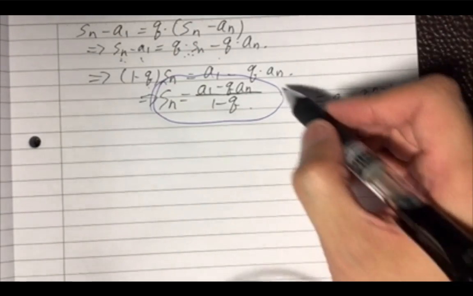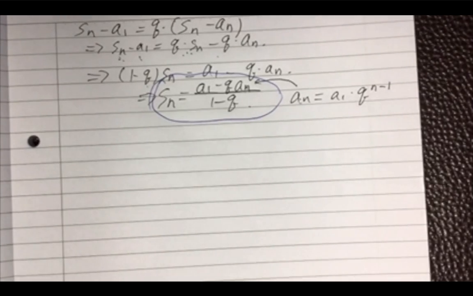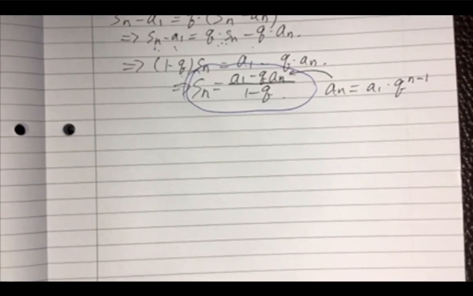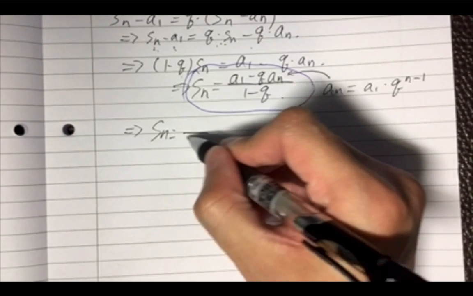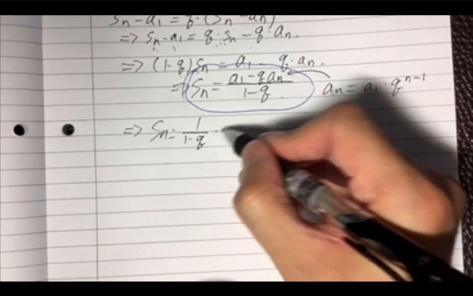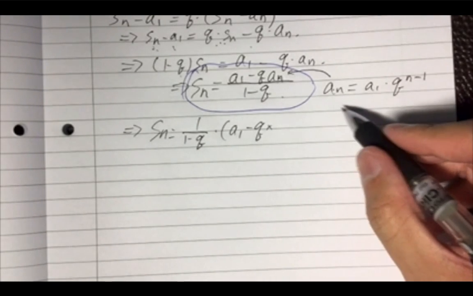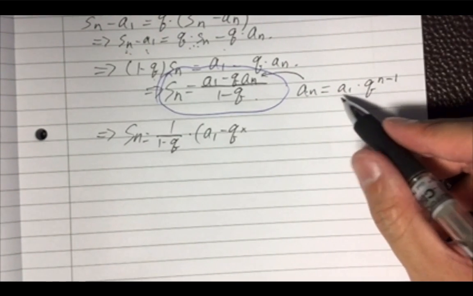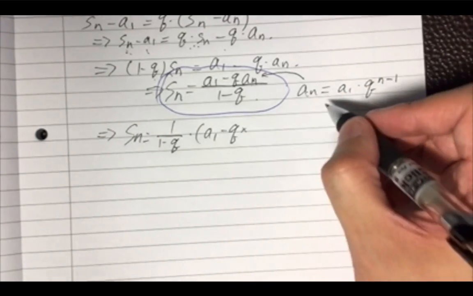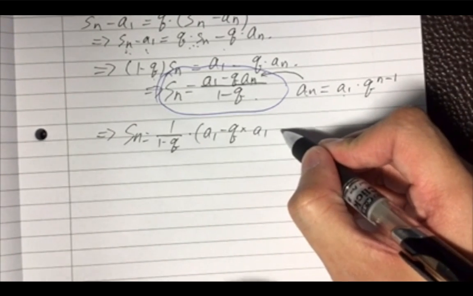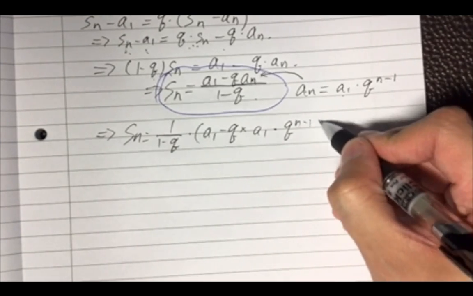We substitute this an with this. We're going to have Sn equals 1 over (1 minus q) times (a1 minus q times an), and an is a1 times q to the power of n minus 1. So it's a1 again times q to the power of n minus 1.